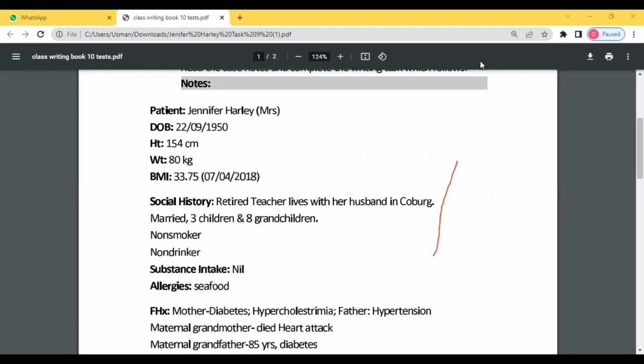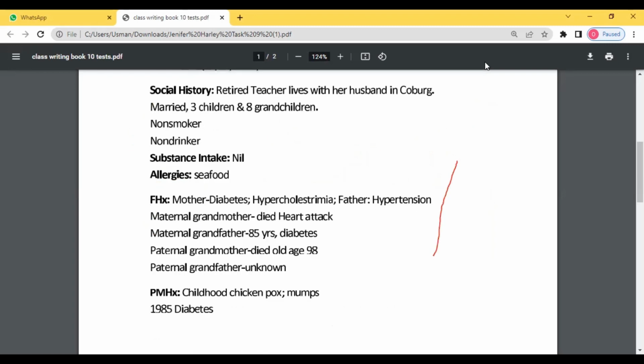Afterward, we can see the history, such as non-smoker, it can be omitted, non-drinker, it can be omitted. Now the allergy to seafood is an important point. With reference to diet, like we have a dietary plan, that's the reason we should not miss that. We have to write it down.